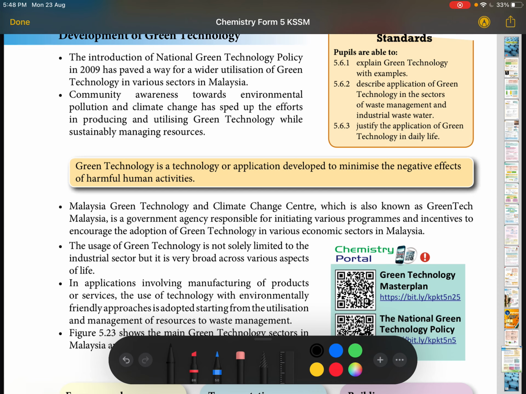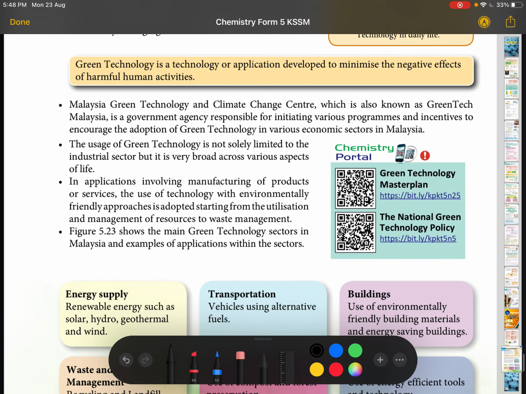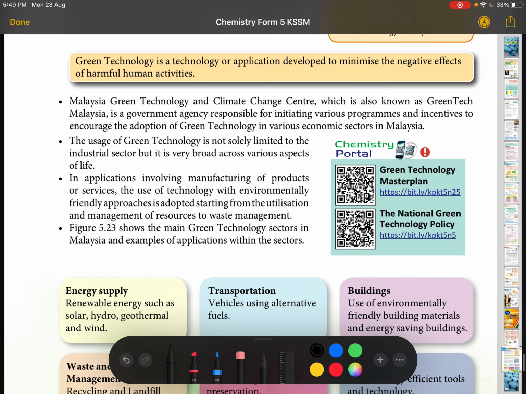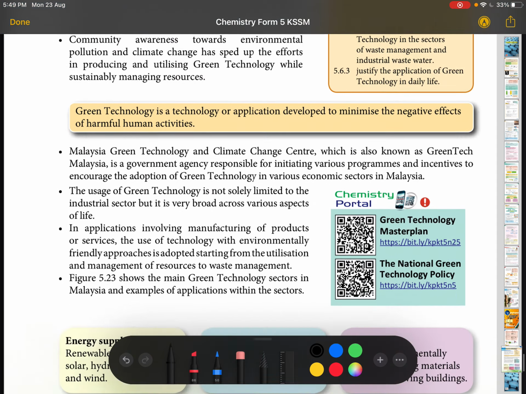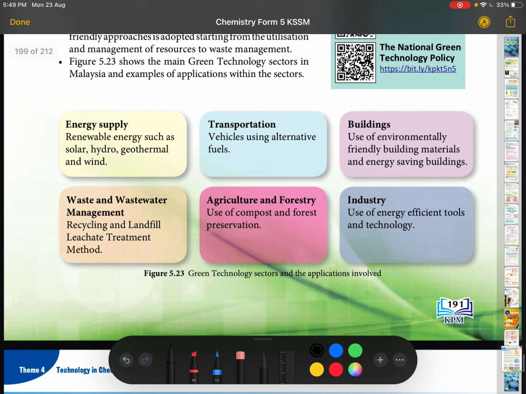Okay, lastly is green tech. Green technology is a technology or application developed to minimize the negative effects of harmful human activities. I'm not so sure what's really important here. I don't think it's in this page. There's a page where the teacher mentioned a lot. Okay, these are quite obvious. Like how do you apply green technology?